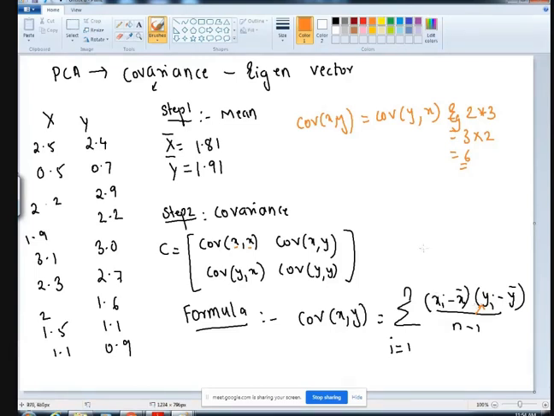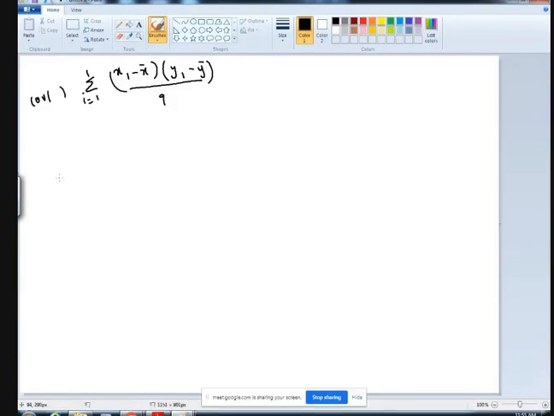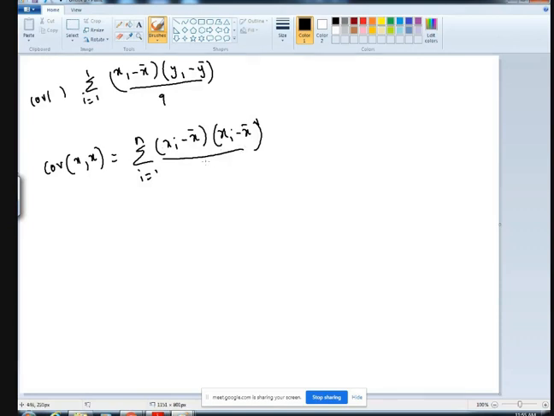So when I'm finding the covariance of x comma x, it will be equal to summation i is equal to 1 to n, xi minus x bar, and this y will again become xi minus x bar, because we have to find covariance of xx, and divided by n minus 1, meaning 10 minus 1, which is equal to 9. 10 is the total number of rows right now.